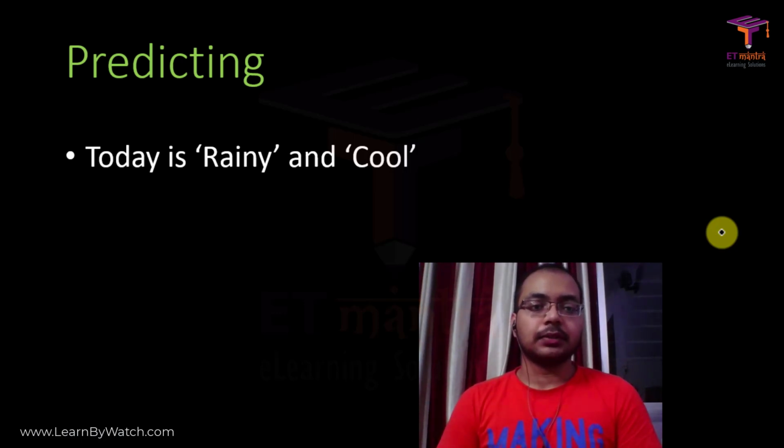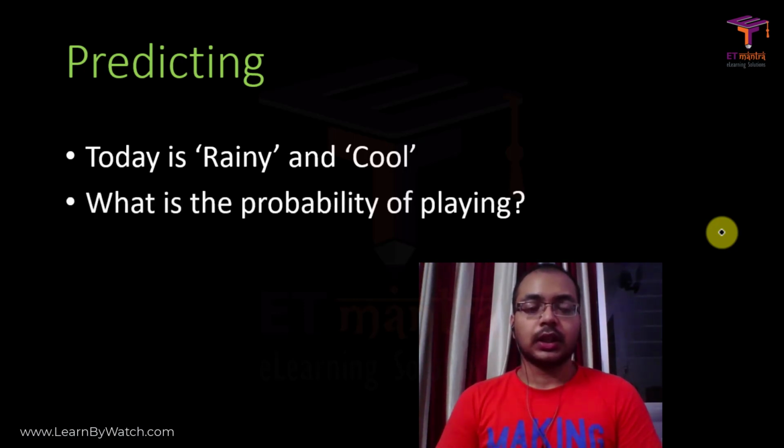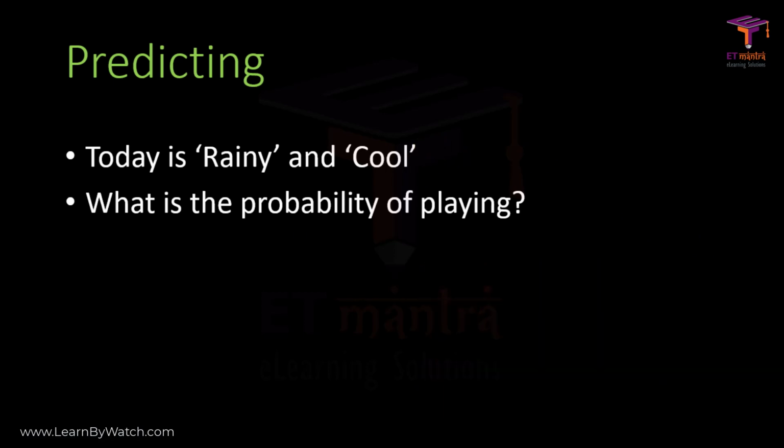We are given that today is rainy and cool. So rainy and cool are our input features, and we have to find the probability of playing. This probability is our output feature, and these are our input features.